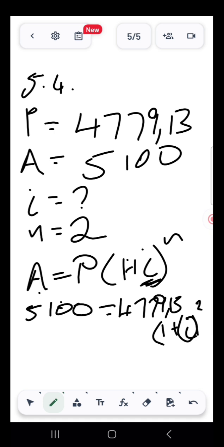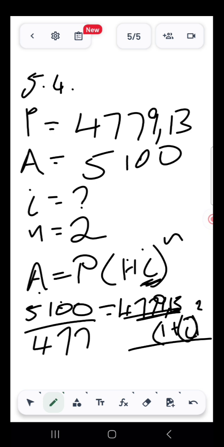Now we need to make sure to isolate i, because we solve for i. So the first thing is we keep A. How do we take out this? We divide both sides by 4,779.13.